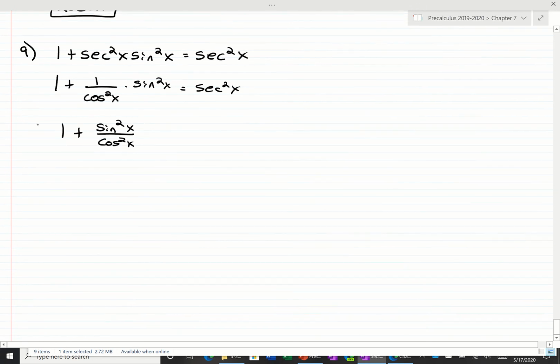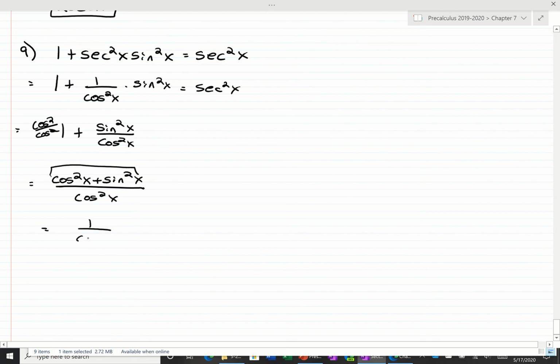We get a common denominator. And we get cosine squared plus sine squared of x all over cosine squared. Well, this is just 1. 1 over cosine squared is secant squared.